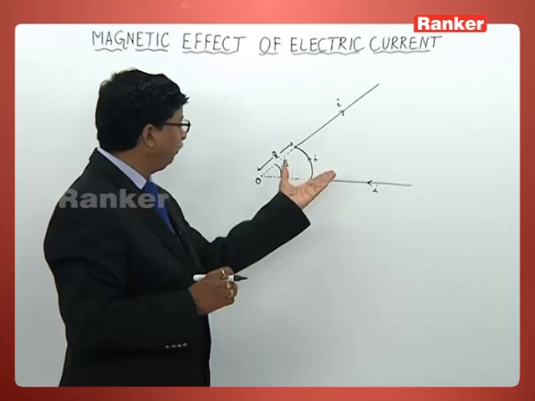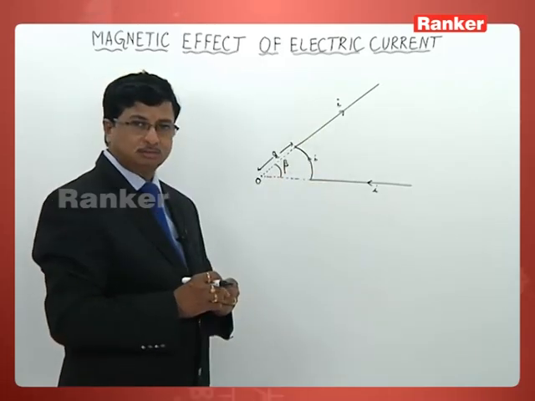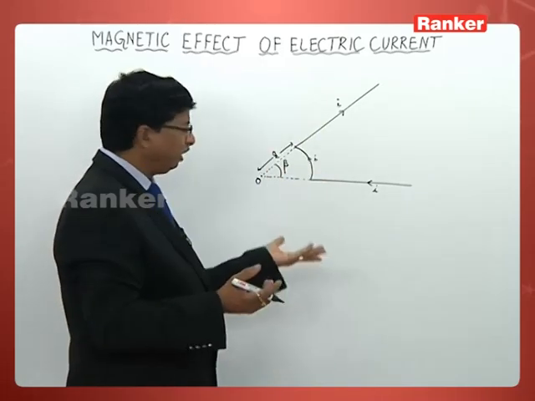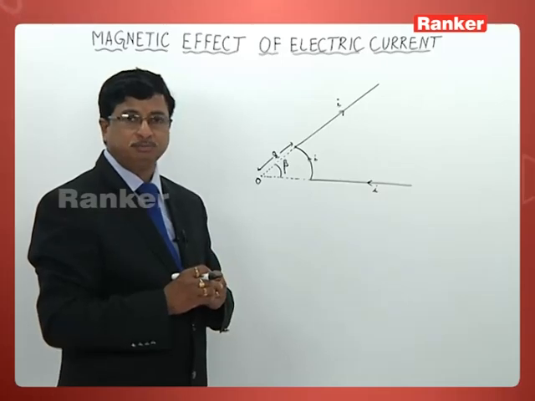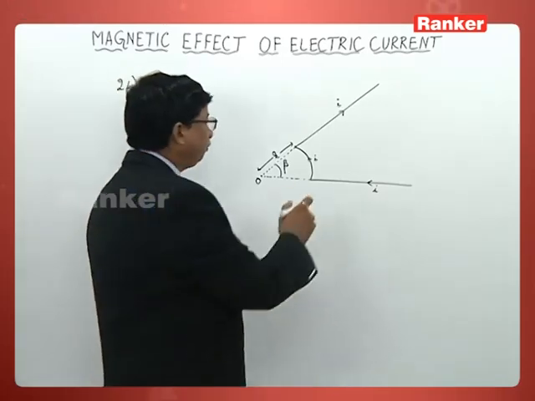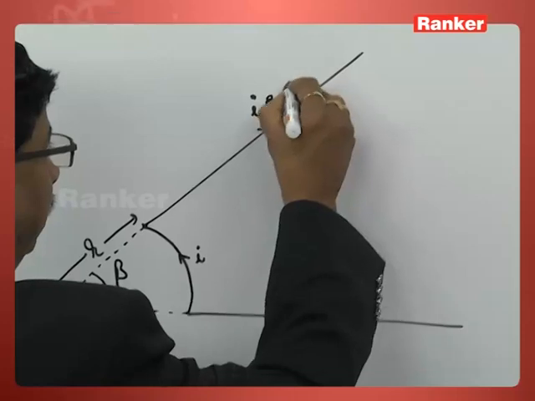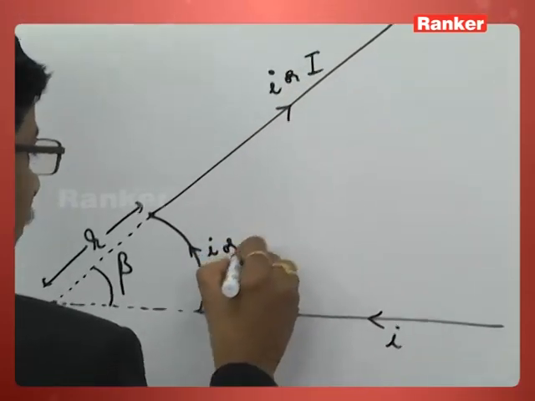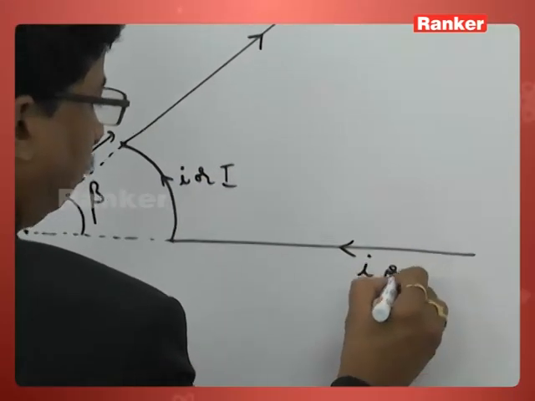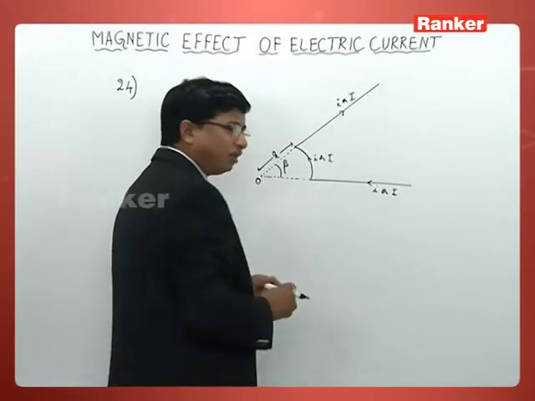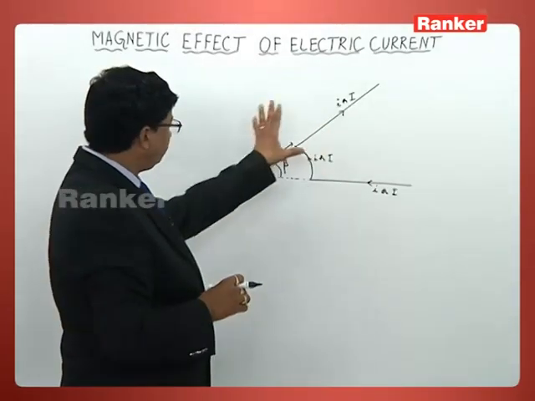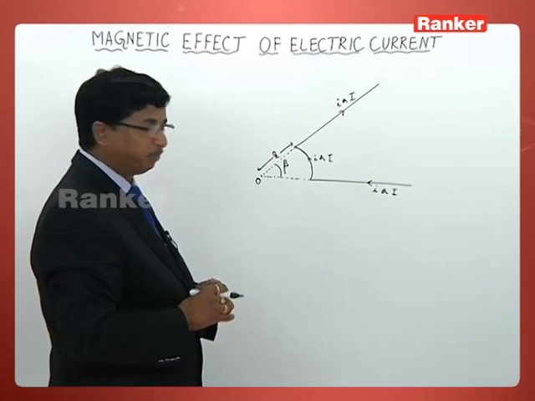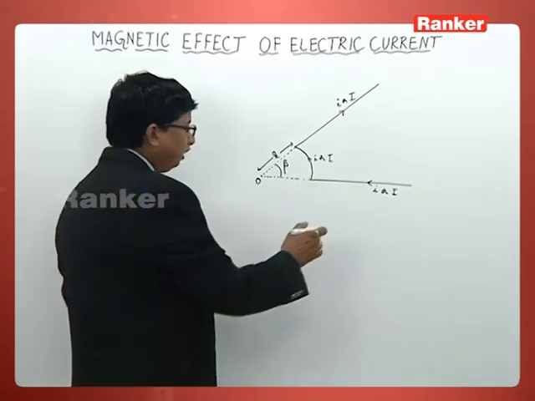The current of course he has given as capital letter I, or small letter, whatever it is, it hardly matters. Whether you take small i or capital I, that hardly matters for us. The concept you should understand first. Look carefully.